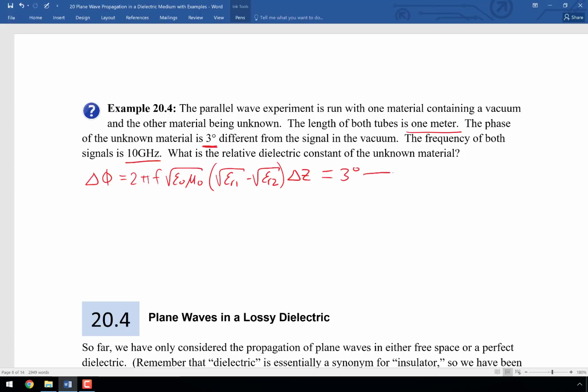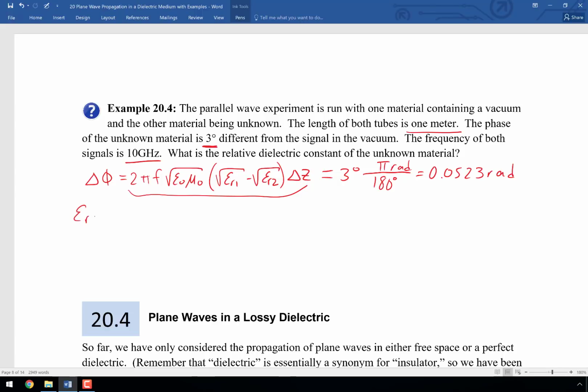And furthermore, because this is an equation where degrees is going to be compared to some other calculations, it must be in radians. So I know that 180 degrees is equal to pi radians. And so this is going to give me 0.0523 radians. So that's delta phi. Now if I solve this expression for epsilon r1, say. So let's say that I know epsilon r2 is going to be air, and I want to calculate epsilon r1.